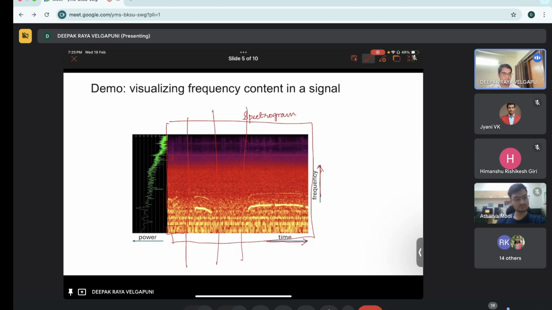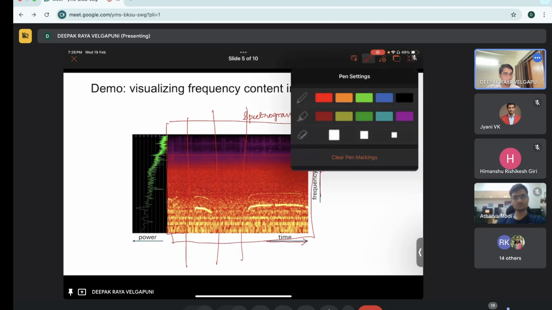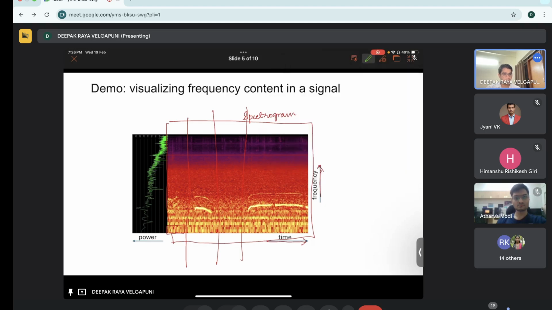Whenever you see a frequency content here, I don't know if you can see the color, but this part you see, right? There is a very high power of this frequency at that time. So you can split into time and also visualize. And when you average it, you get this kind of a spectrum. This is what we were seeing right now.